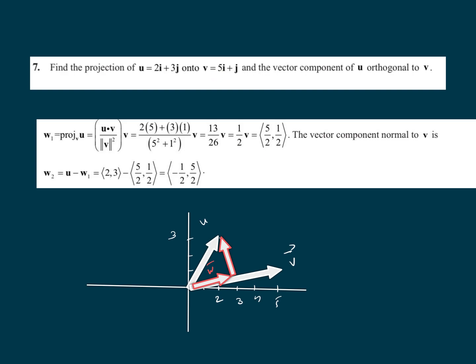V is 5i plus 1j. And what is 1/2 of 5i plus 1j? It is 5 divided by 2 i plus 1/2 of j. And this is the vector projection of U onto V, or what we call W1.